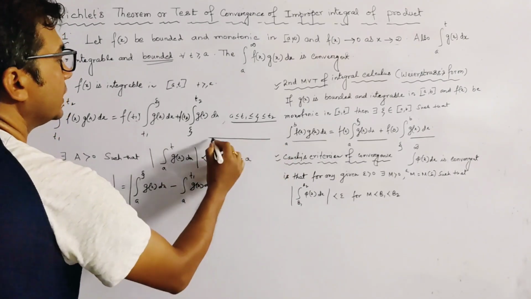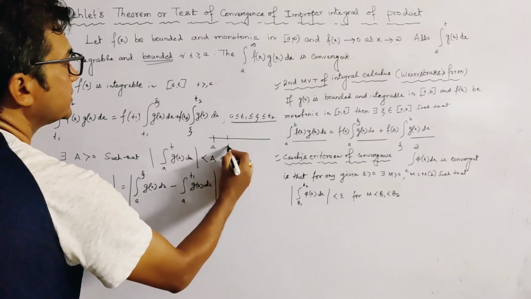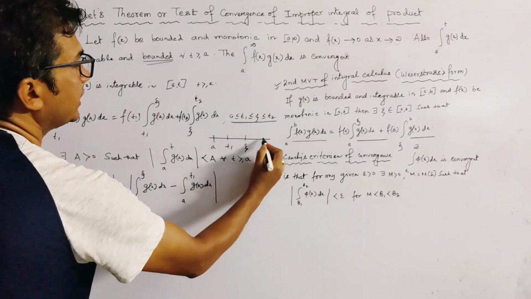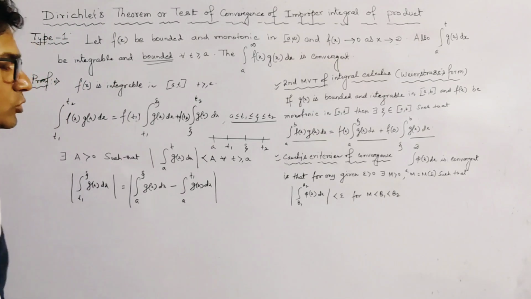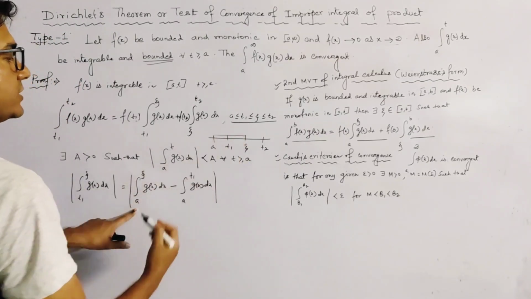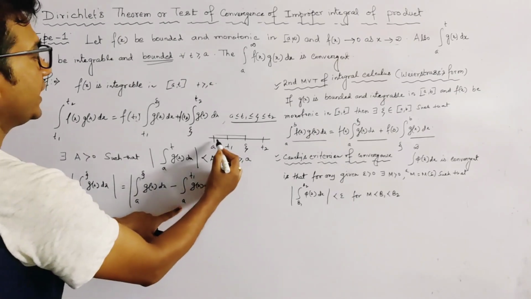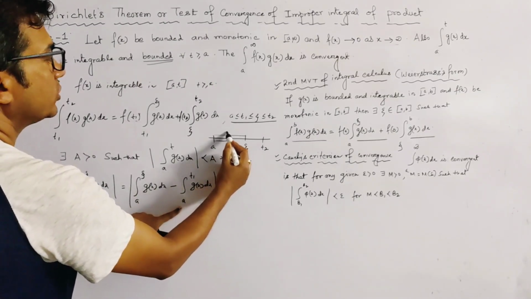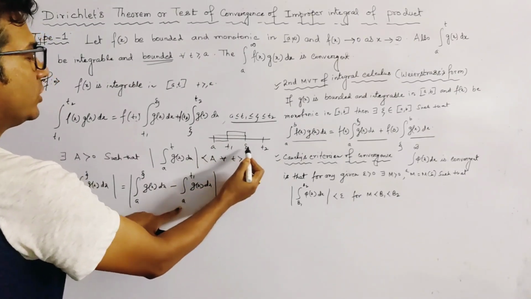Because this is a, this is t1, this is xi, and this is t2. So we get a to xi at first, and we subtract a to t1, so there remains integration t1 to xi.